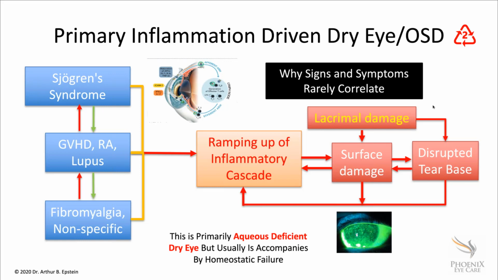It could be disruptive, like fibromyalgia, unrelated to the eye directly, but anything that ramps up inflammation in the body can produce these similar symptoms to what we would call traditional dry eye. And these patients tend to be aqueous deficient because their lacrimal glands are attacked by inflammation. Completely different mechanism, to me two different disease states, which is why they don't correlate.